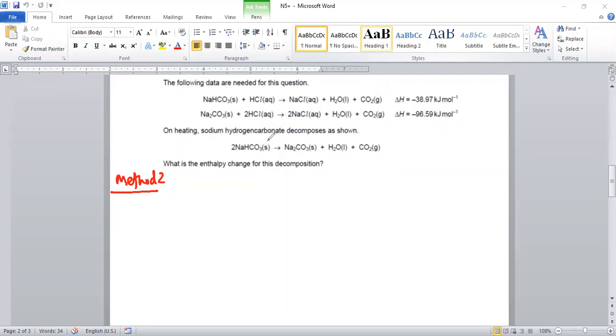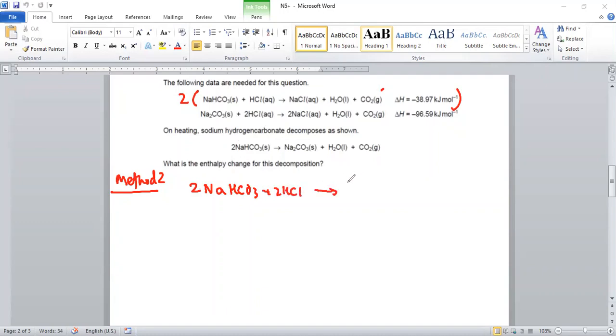But you have to make a little plan. In equation 1, you are given sodium hydrogen carbonate for 1 mole, but in the required equation, you have NaHCO3 2 moles. So multiply the whole equation by 2. When you multiply the whole equation by 2, the equation will be like this.